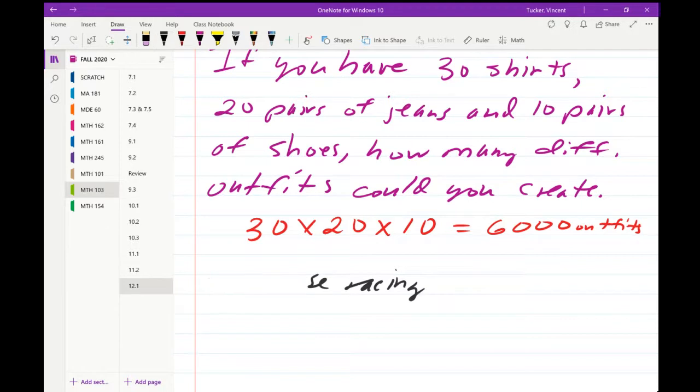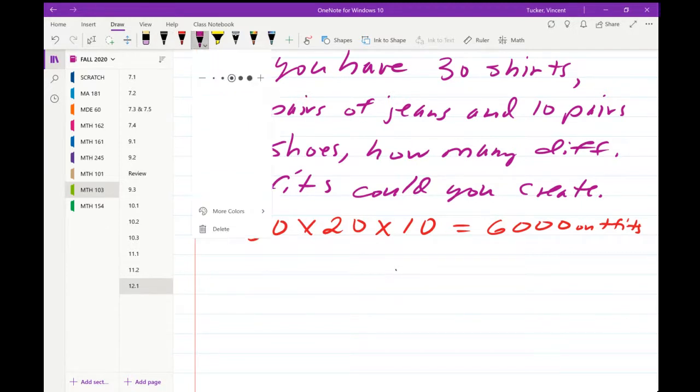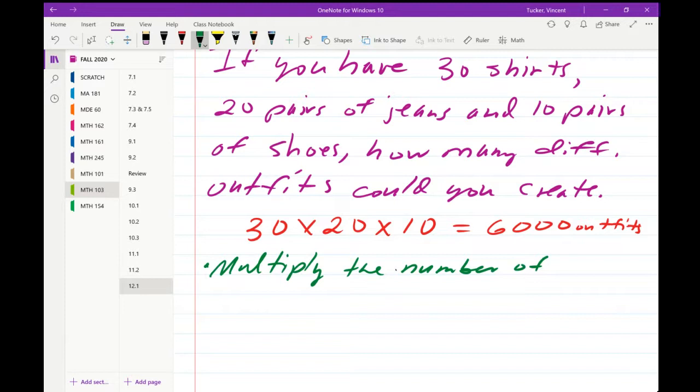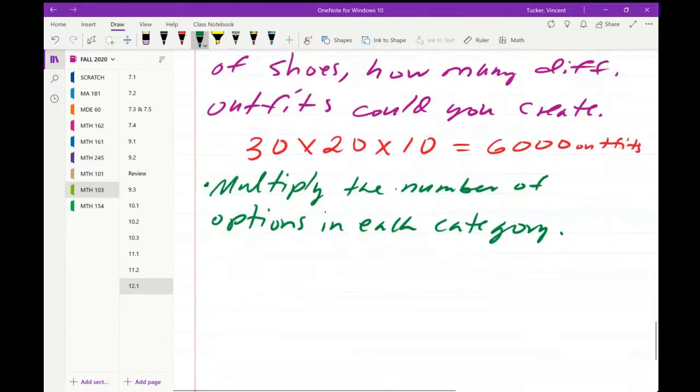As a matter of fact, I might write that just in case it comes up. So, multiply the number of options from each category.